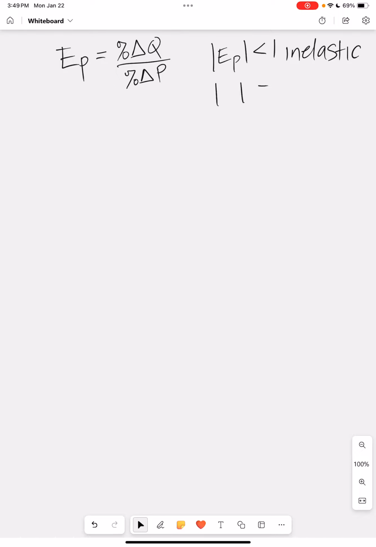If that absolute value is equal to 1, we would say it is unitary elastic. And if that absolute value is greater than 1, demand is elastic. And when I say I missed that, it should be equal to 1.